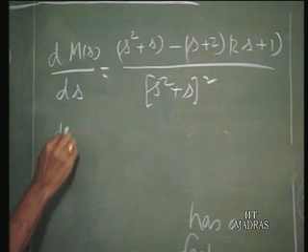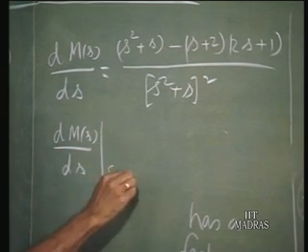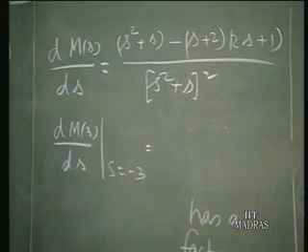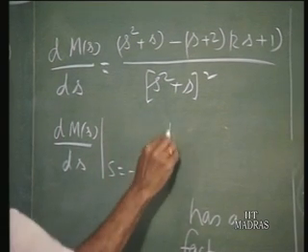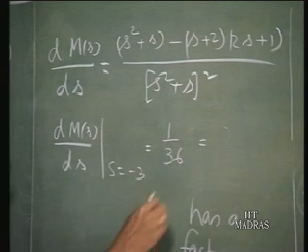So dm/ds with substitution s equal to minus 3 will give me, after you work this out, 1 by 36, and that of course is k31.